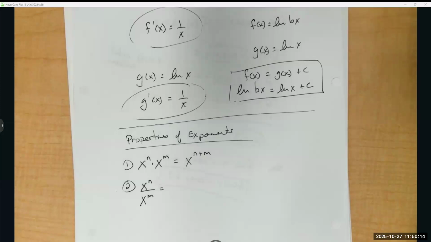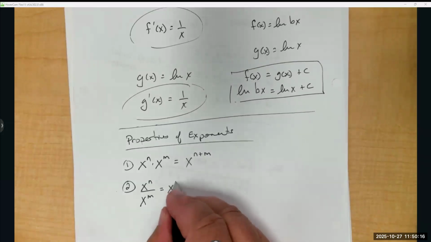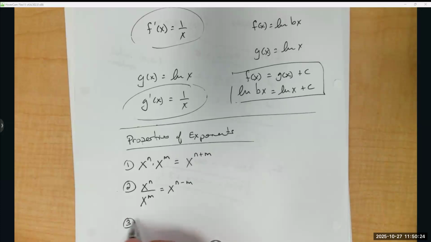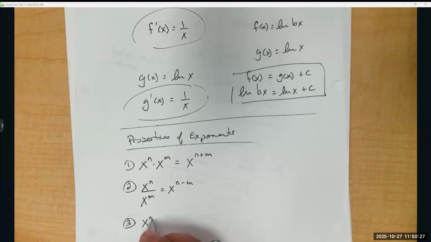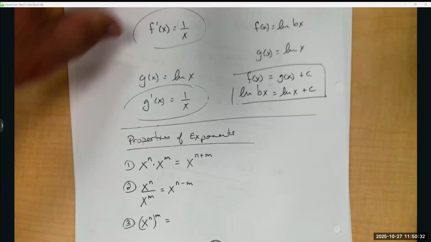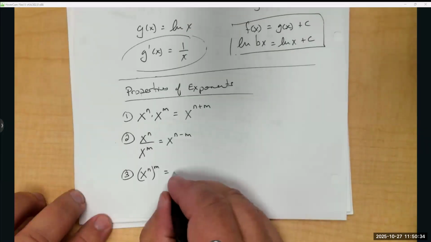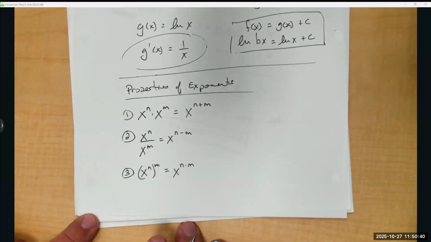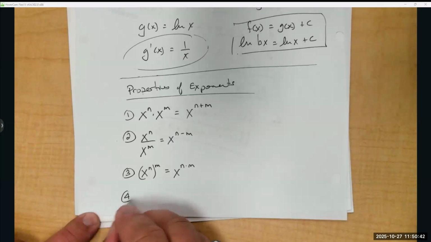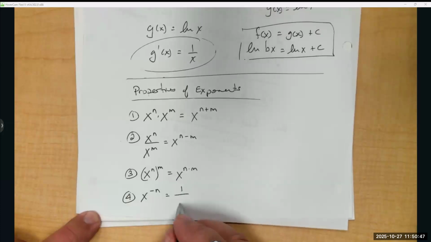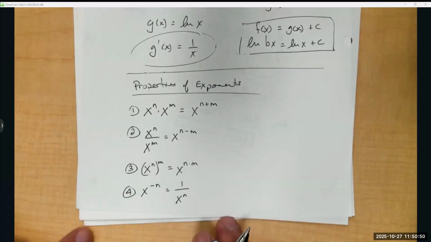Whenever you divide same base, different exponents, it's subtraction, because when you divide, it makes things smaller. When you have an exponential power to a power, that's when you multiply them. A negative exponent simply means you move that to the other side of the dividing line and drop the negative.